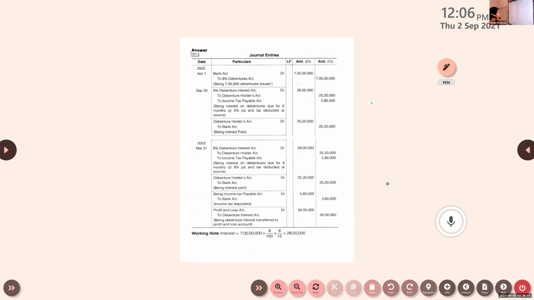Okay, 28 lakhs. Now, how much is the tax? We are not going to pay this 28 lakh. From this 28 lakh, first tax has to be paid, and whatever amount is left, that is the amount paid to debenture holders. So, tax is equal to 28 lakhs into 10 by 100, as it is 10% in your question.